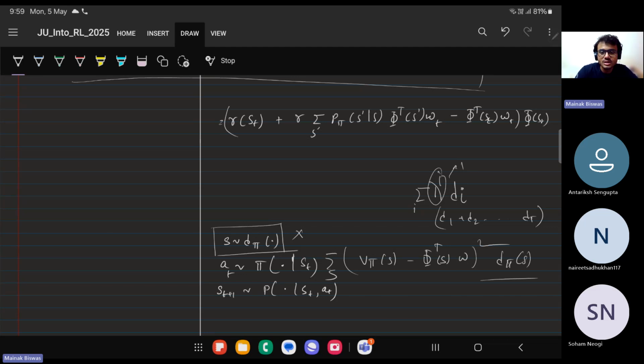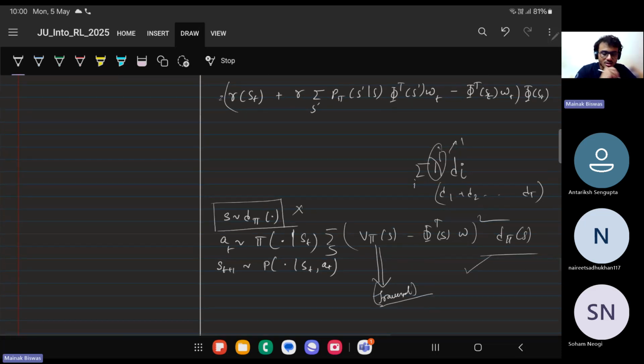Here the objective function is not a traversal. When we normally do the TD1 tabular case, this is the traversal. The traversal will be within the expectation. That is V of S, which can be represented as 1 step, 2 step, 3 step, 4 step, 5 step value loss function, correct?